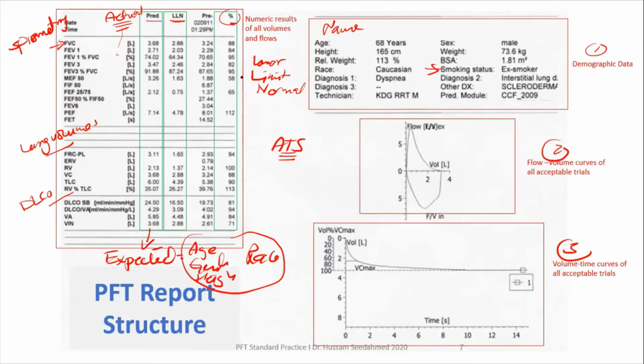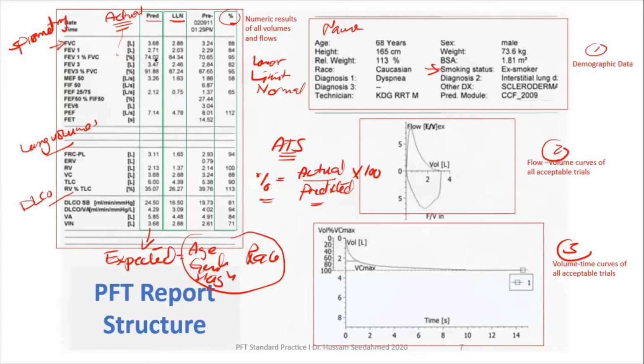Simply, the percent predicted equals the actual, that is the patient's measurement, divided by the predicted, multiplied by 100. This gives us a percentage. This is known as the percent predicted. It is always easier to talk in percent predicted rather than just the predicted value, because when I talk in percent predicted, it immediately tells me whether it is high, low, or normal.